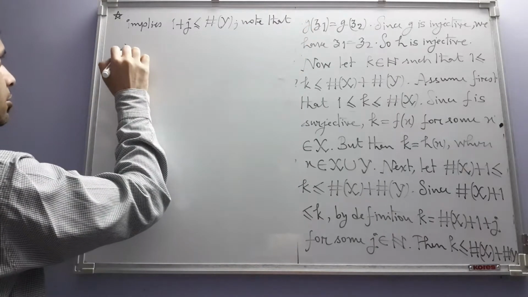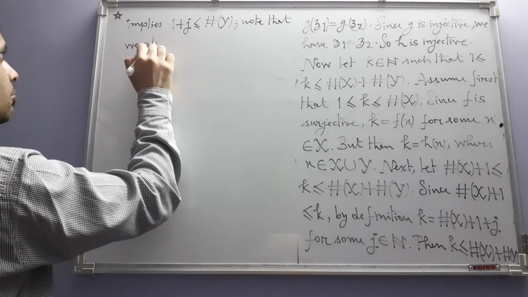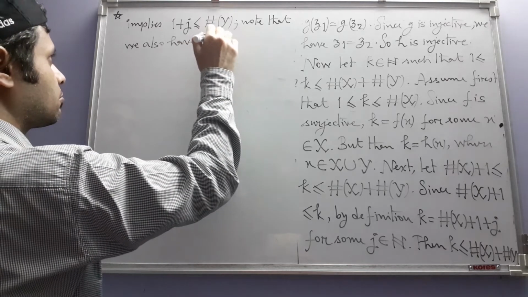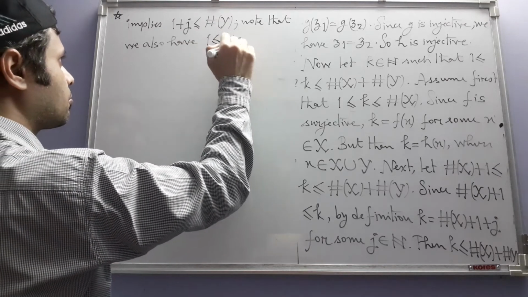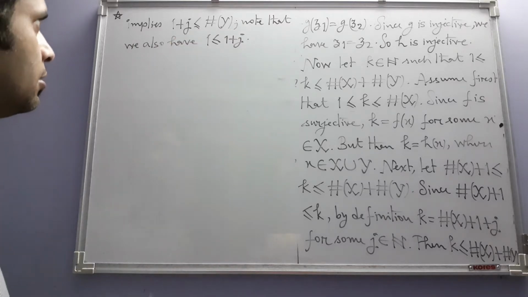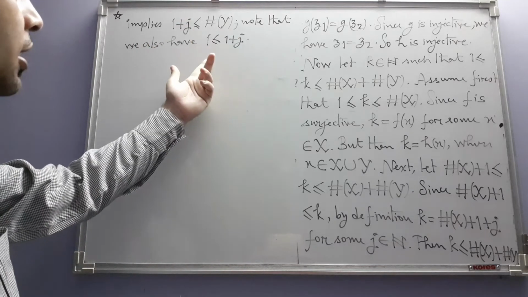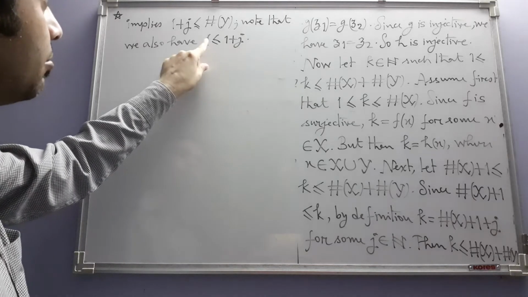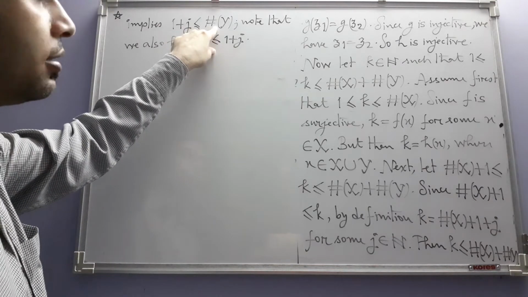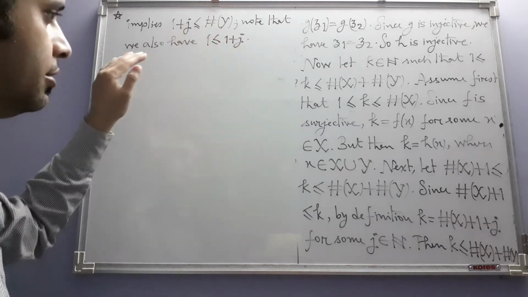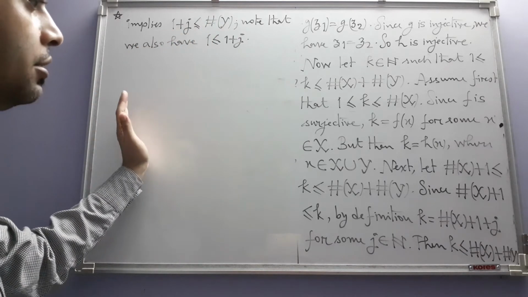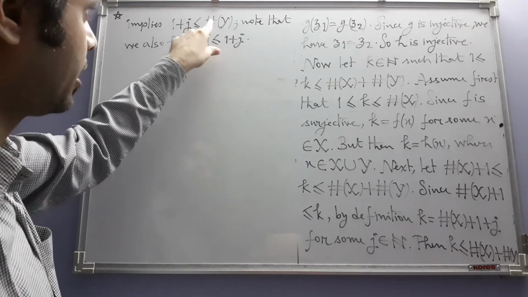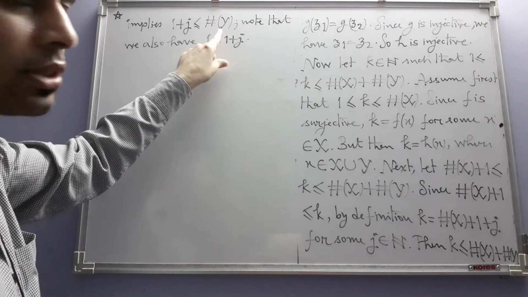Note that we also have this. Now you look at these two inequalities together. 1 plus J is a natural number lying between 1 and cardinality of Y, and G is a function whose range is the set of all natural numbers lying between these two natural numbers.